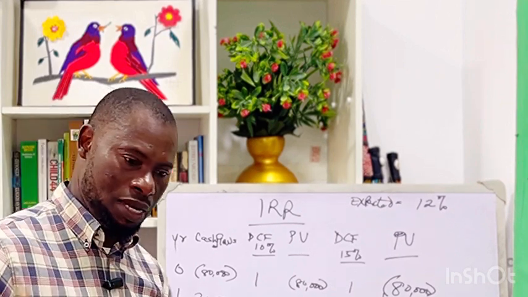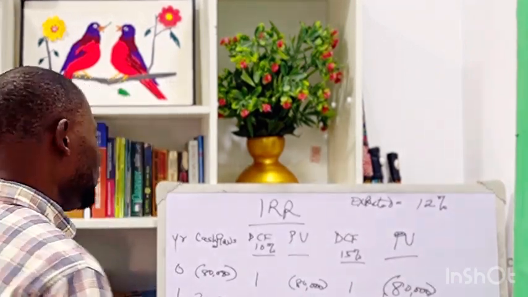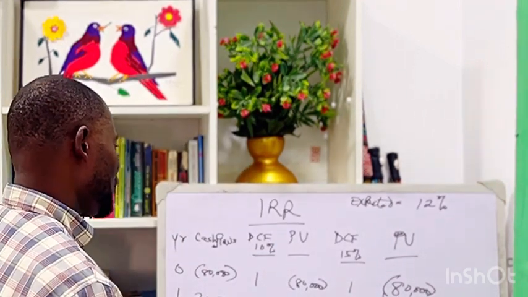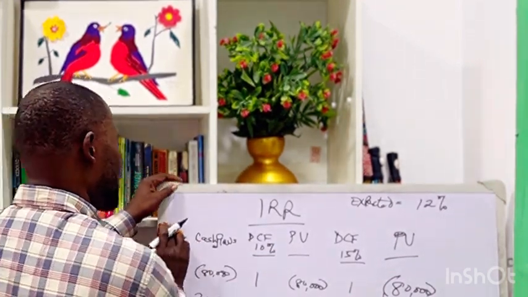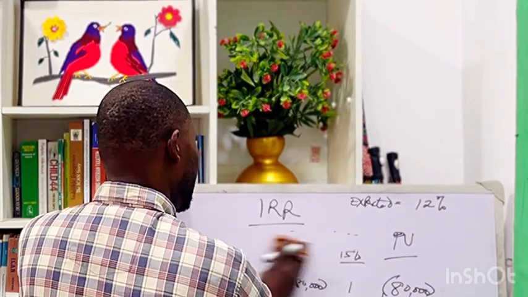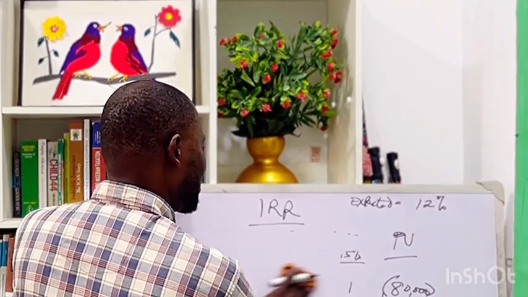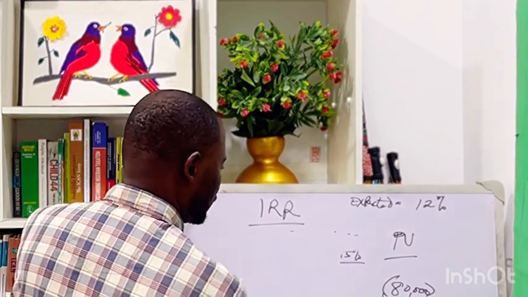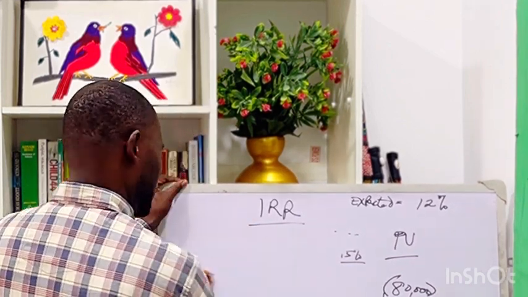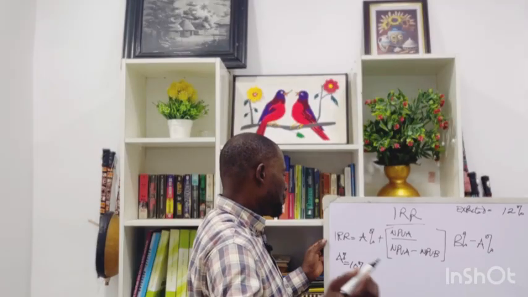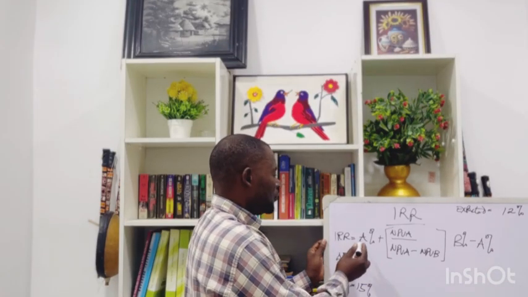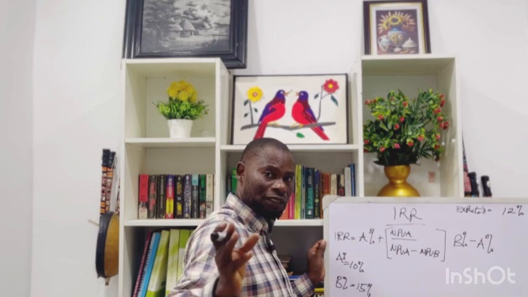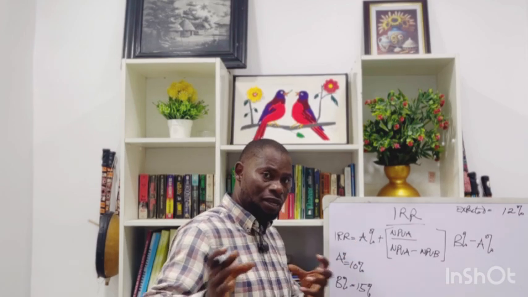Now let's bring out the formula. Let's extract it. Just to remind you, the IRR is A%, where A% stands for the first cost of capital in the experiment.